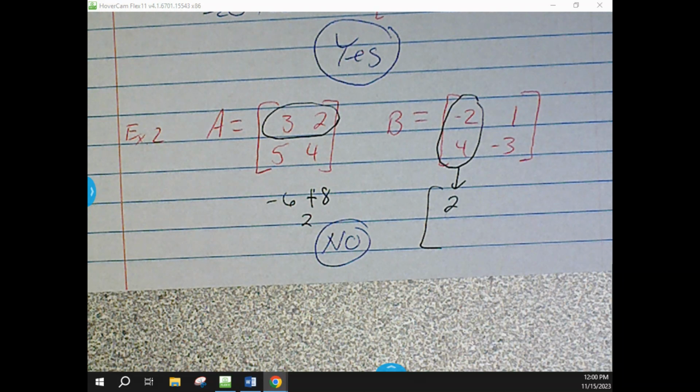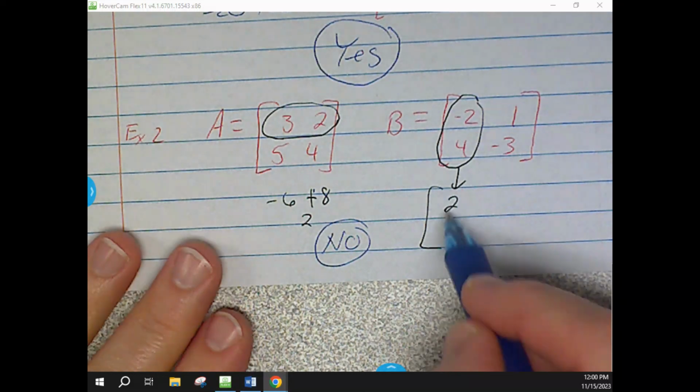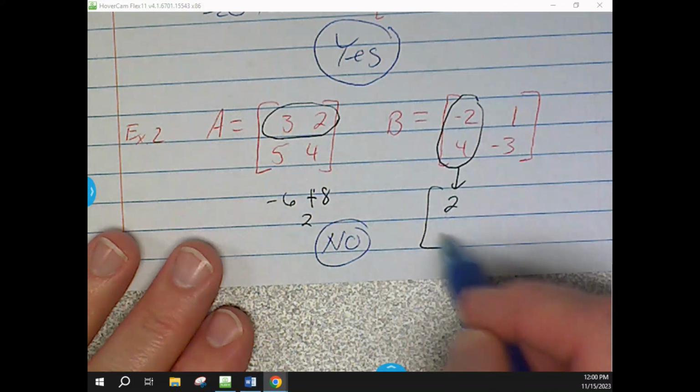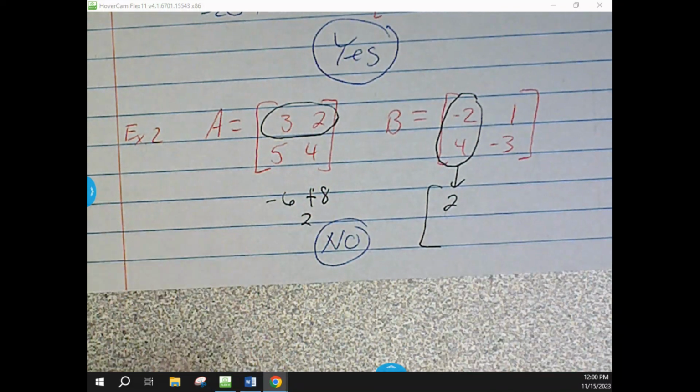Okay, so again, just keep checking your multiplications, seeing what you get from those. And again, you just take it one number at a time. If this is 1, then you go to the next one. If this is 0, then you go to the next one, and then need 0, 1. And at any point in time, if it doesn't match up with the numbers, you don't have to keep checking it. If the first number is off, then just stop, and that's as far as you've got to go with it.